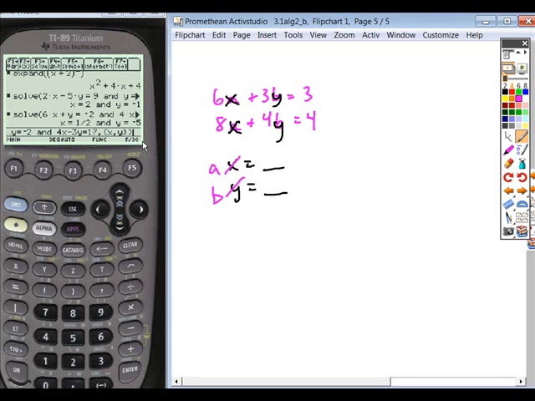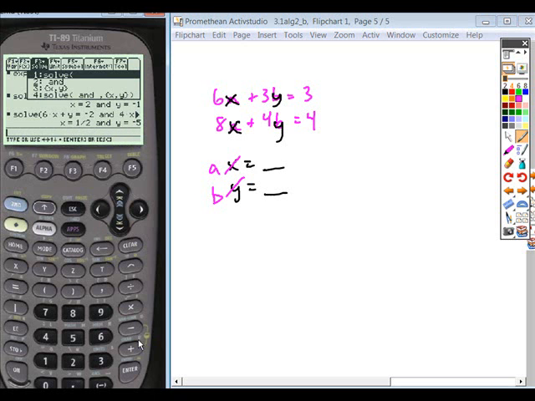If you were to type in just the A's and the B's, the other option is to use that system solver and then just change these letters to A and B. So you can change that A and B, and then enter your equations exactly as they were. So you get 6A plus 3B equals 3, and then 8A plus 4B equals 4.